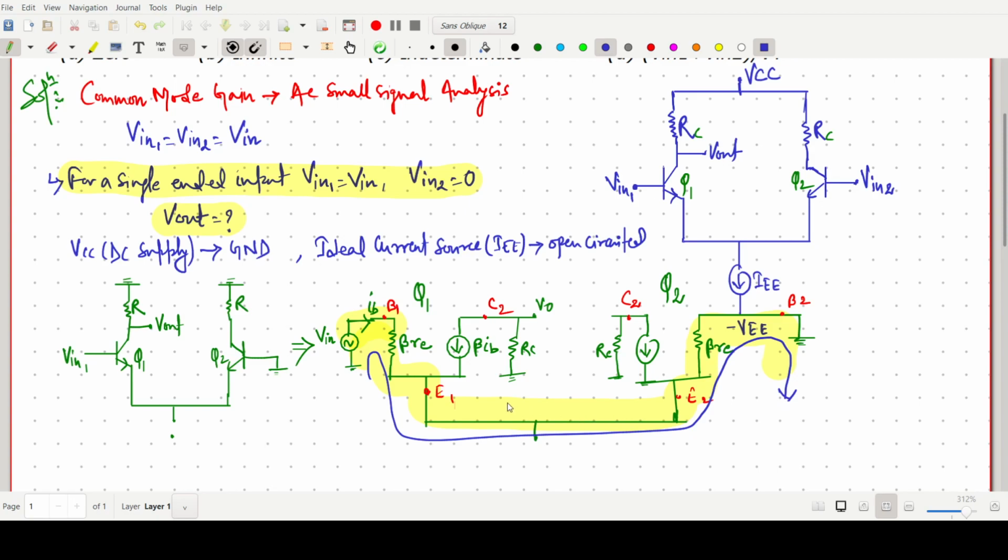In this case, one can say this current IB will flow like that. This current will also be IB.